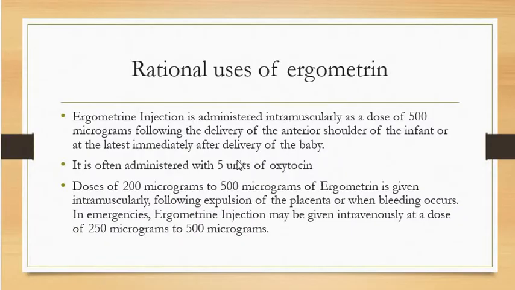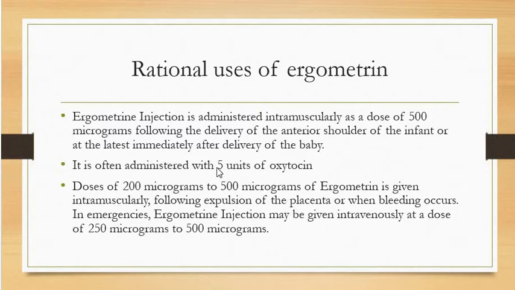So what is the rational use of ergometrin? Ergometrin is injected intramuscularly at a dose of 500 micrograms following the delivery of the anterior shoulder of the infant, or at the latest immediately after delivery.